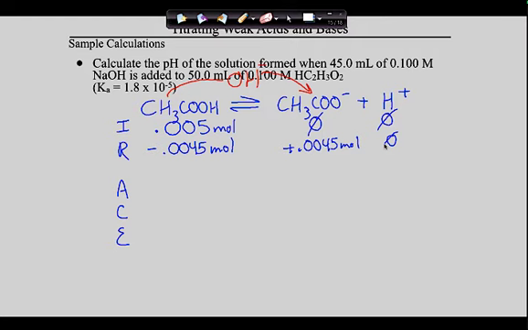So the idea is we're starting with 0.005 moles of this, none of the others, we're adding base. The base will gobble up the acid. So how much base did we add? 0.0045 moles. So we will kill 0.0045 moles of acetic acid. That will be converted into 0.0045 moles of acetate ion. But again, guys, the other product of that is water. It is not hydrogen ion.